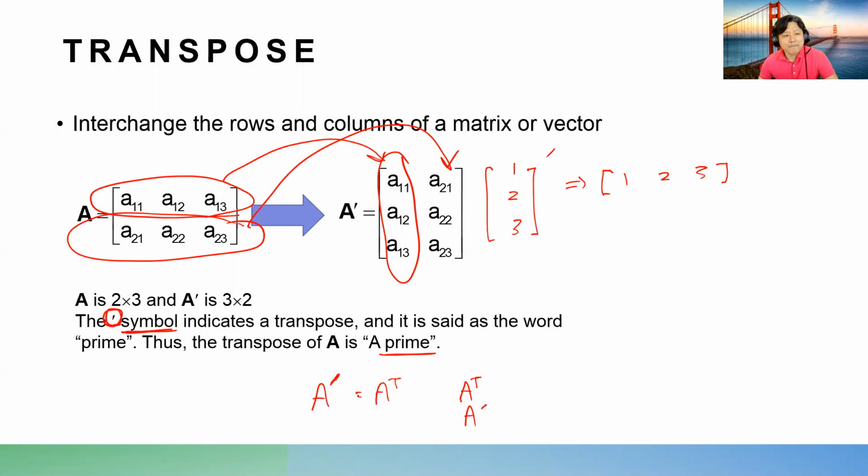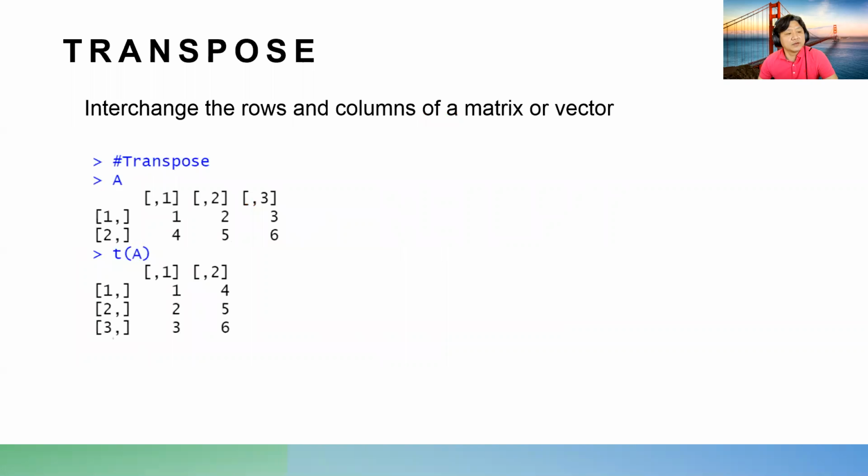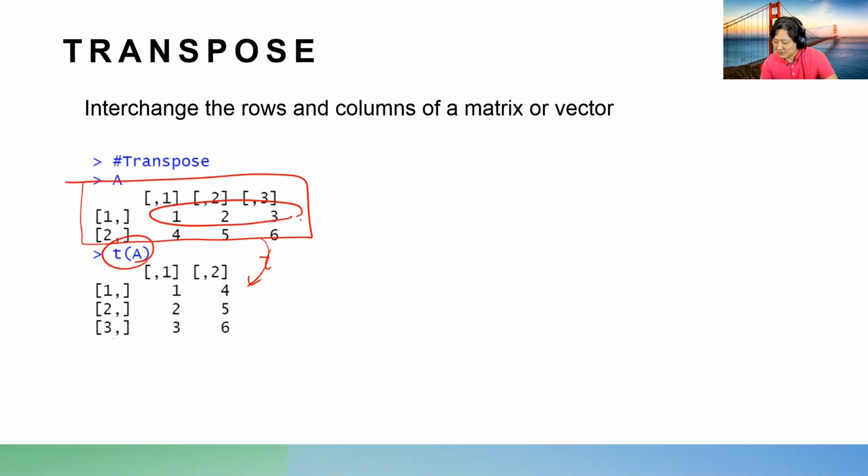Okay. You can transpose your matrix in R very easily using the t transpose function. If you put t, it will transpose. Okay, so the first row comes to the first column, the second row comes to the second column.